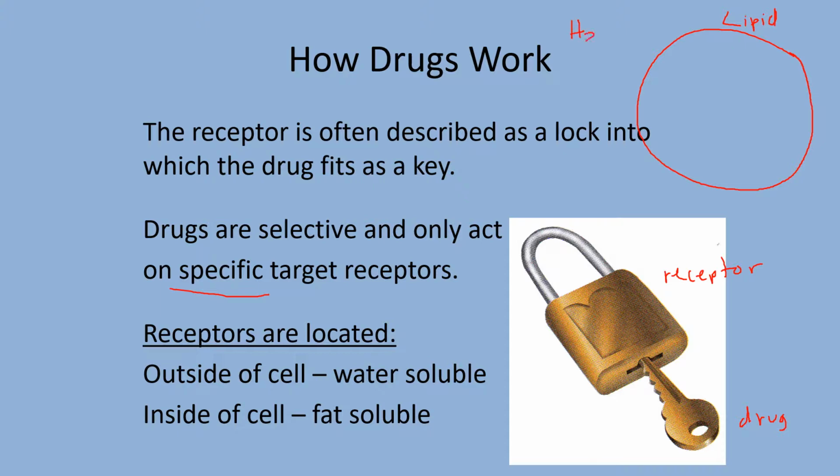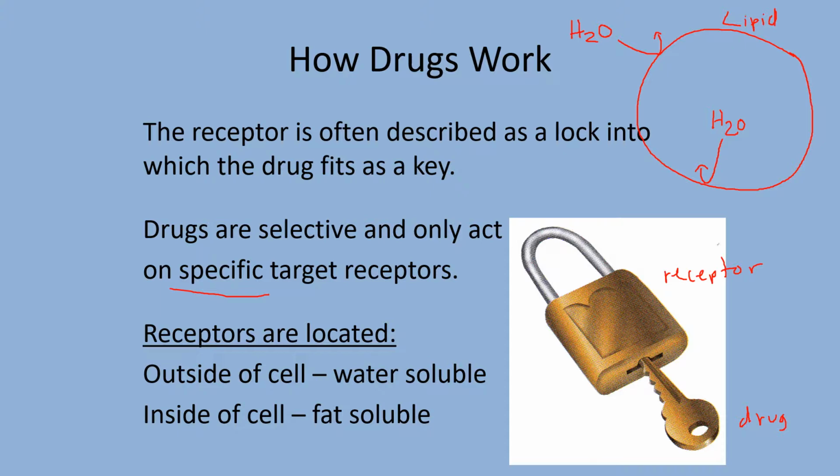So outside the cell there is water, and inside the cell there is water. But what determines inside and outside is this fat layer. And we know that oil and water don't mix, so any water from the outside will stay on the outside, and any contents that are water on the inside will stay on the inside. So that's what allows your cells to create a border, the cell membrane, made out of lipids.